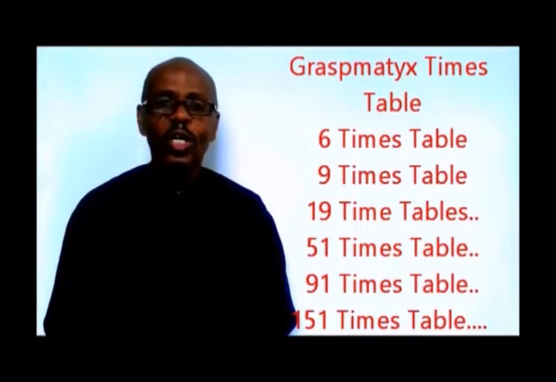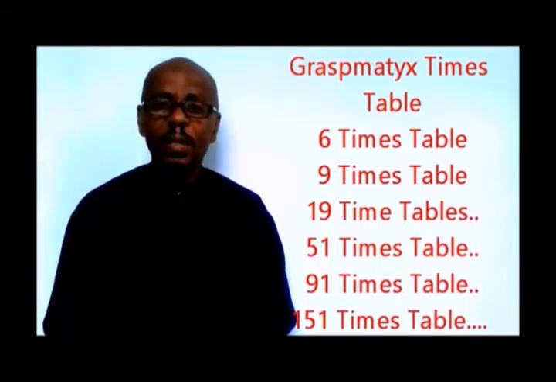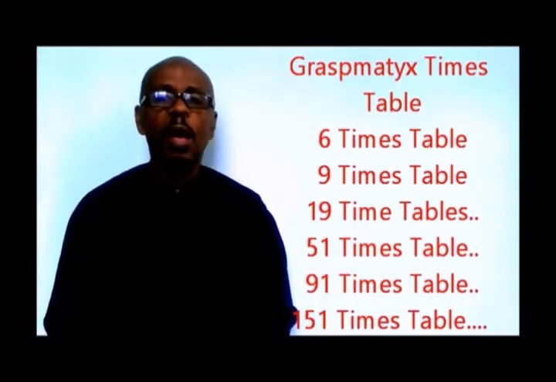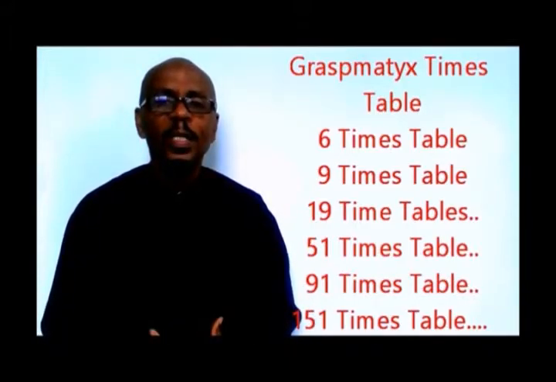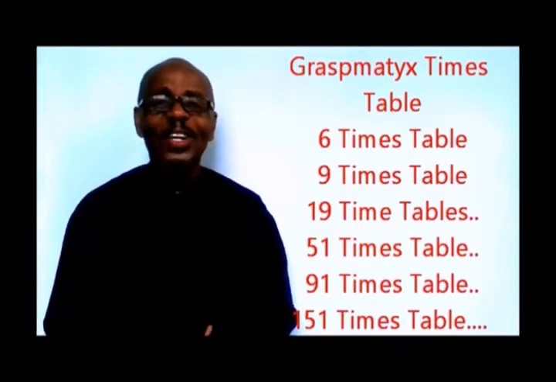Thank you for joining me on this day, learning Grassmatics timetables, and you'll be learning much more than timetables. You'll be learning addition, subtraction, and division, which they call basic arithmetic. However, you're also going to be learning algebra, geometry, calculus, trigonometry, and all that. Stay with me right here as we learn Grassmatics. Much more is coming forward on this video broadcast.